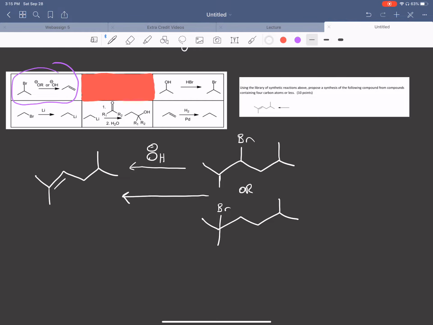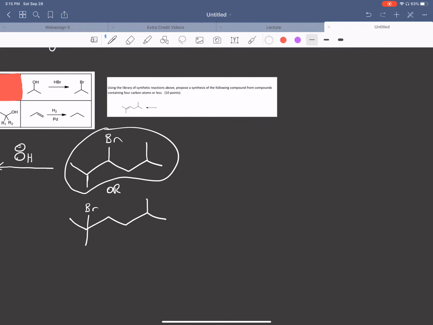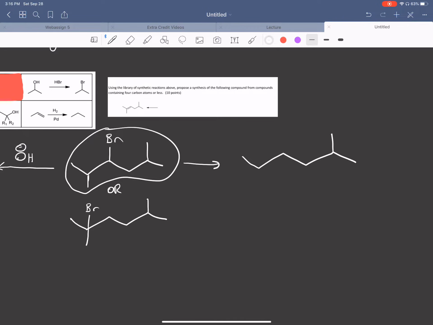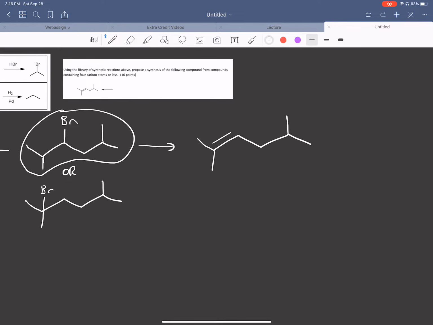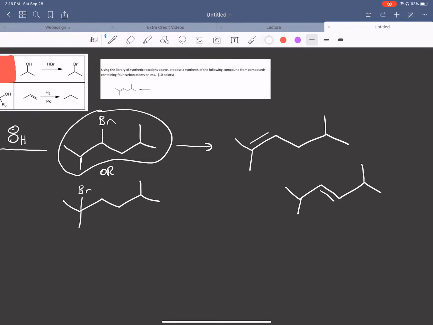Okay. And so you can see that if I'm looking at the top structure right here, I can form two possible double bonds. I can form the double bond this way, or I can form the double bond this way. Okay. So if we compare them, this one right here, that double bond has two carbon substituents on it, right?